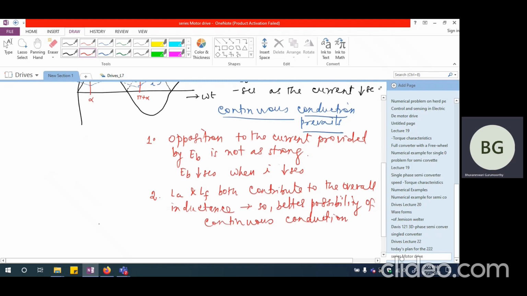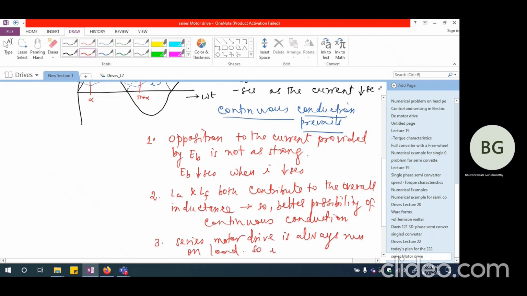The third one we should also say is series motor drive is never run on no load. We already said this. If you run it on no load, you are going to have extremely large speeds. So series motor drive is always run on load.